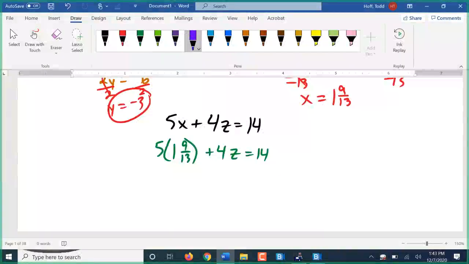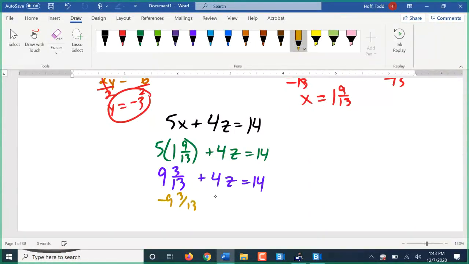Well, 5 times 1 and 9/13 is, oh, what is it? I believe it's 9 and 3/13 plus 4z equals 14.